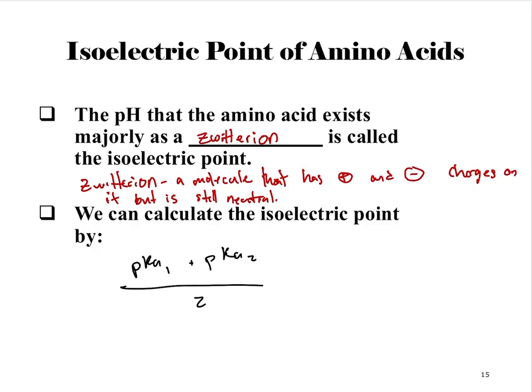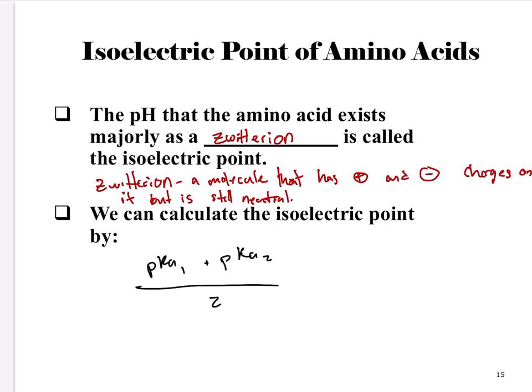The pH at which you have equal amounts of the protonated form of the N-terminus and the deprotonated form of the C-terminus is the pH right between those 2 pKa values. That's the isoelectric point, because you'll have both a positive and a negative charge. Although I think I wrote the wrong pKas for that one.